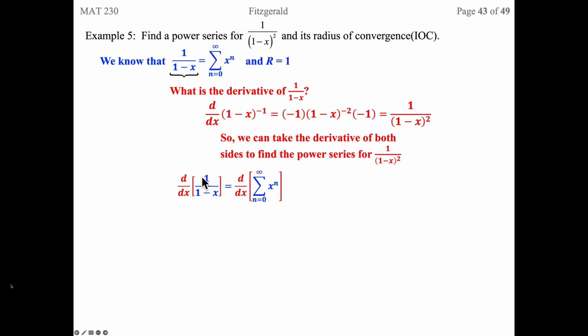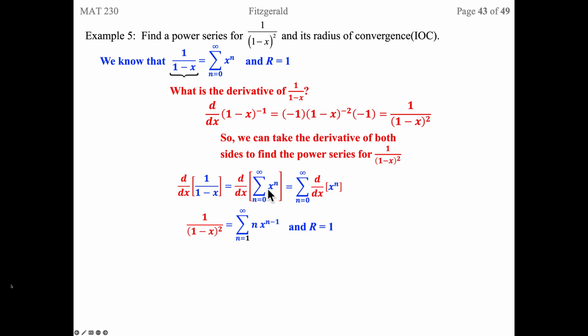So the derivative of 1 over 1 minus x is equal to the derivative of the summation of n equals 0 to infinity of x to the nth power, which is taking the derivative of x to the nth. This is going to give me 1 over 1 minus x to the power of 2. We already showed that here. Come back here, it wasn't done. And again, check out that first term.